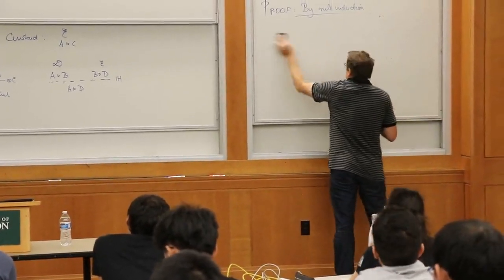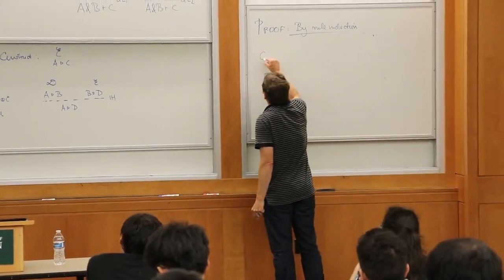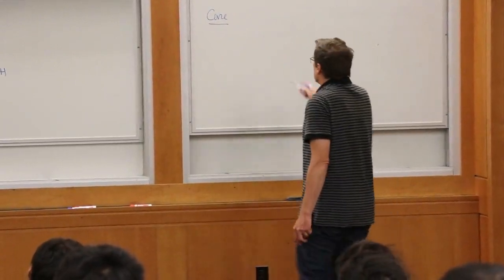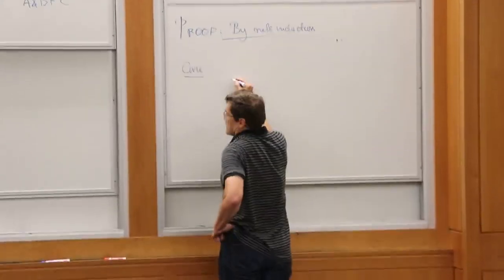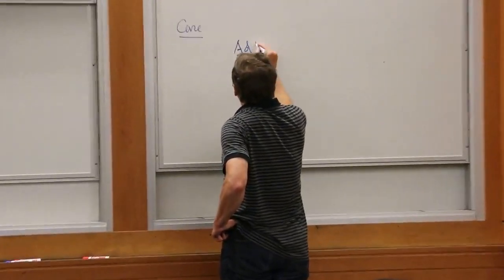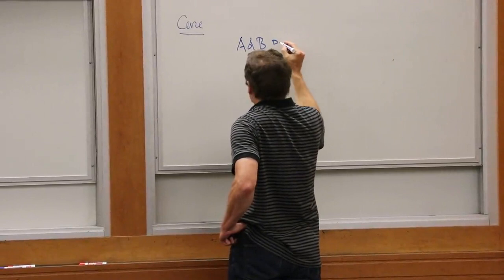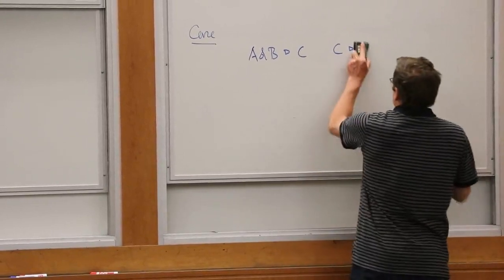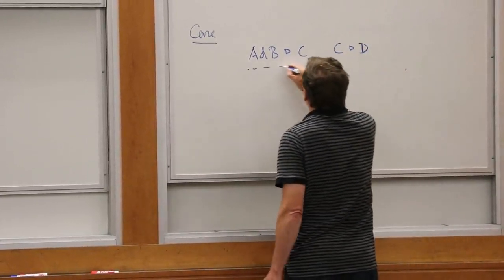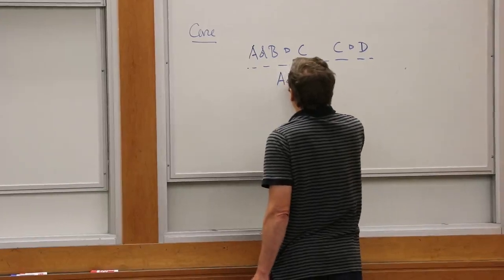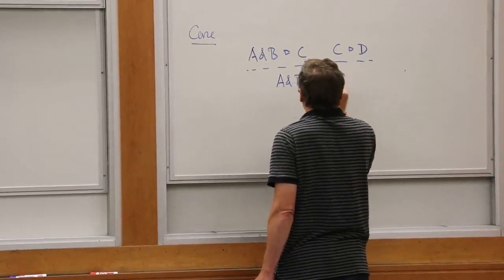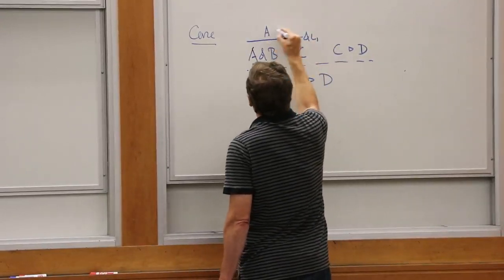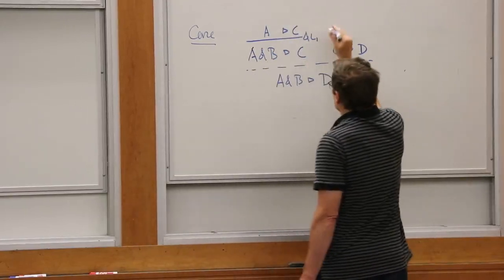Let's say we're applying a left rule here, A with B proves C, and C proves D. And the cut is supposed to conclude that A with B proves D. And what's the first left rule? A proves C, without cut.